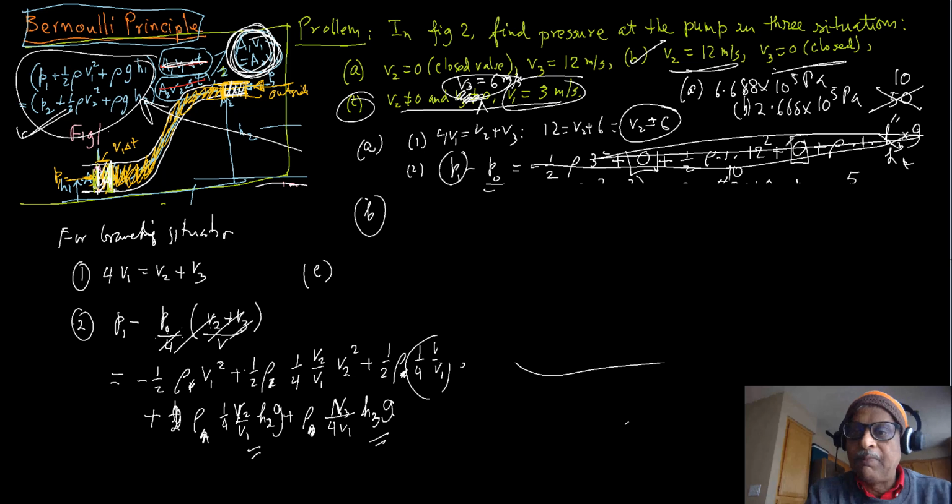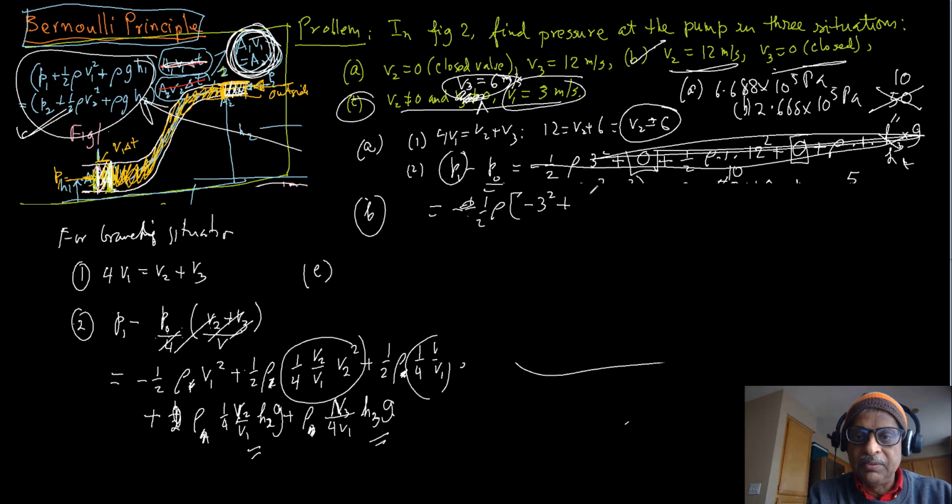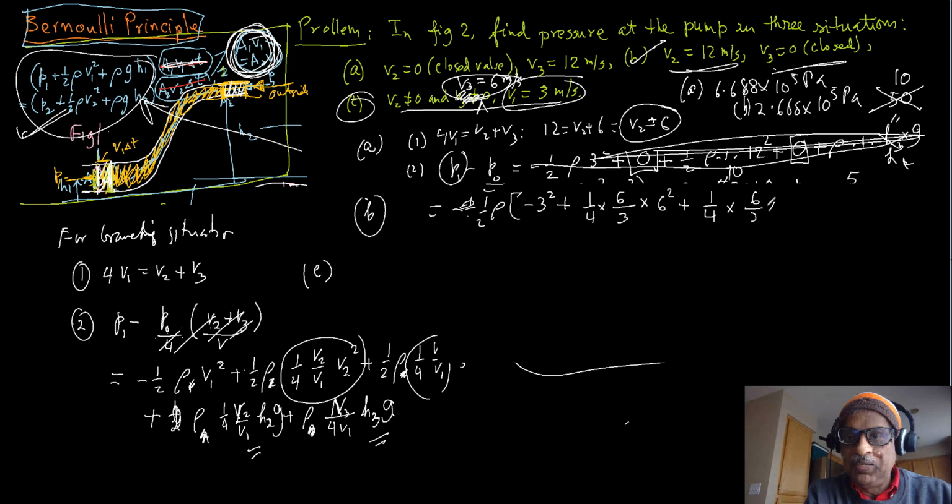So instead of that, I'm going to have minus either rho, a half rho, and then I'm going to have minus 3 squared plus 1/4, the whole thing. 1/4, v2 is 6 and v1 is 3 times 6 squared plus 1/4 is also 6 over 3 times 6 squared.